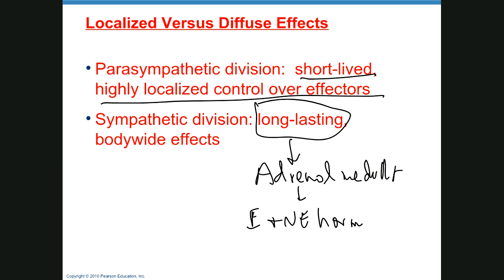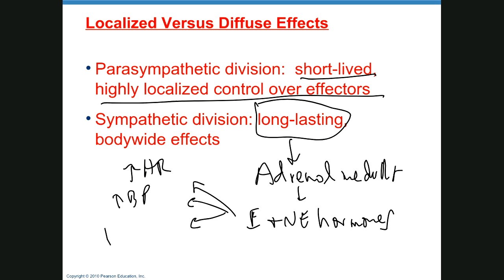And these are sympathetic hormones that are going to have exactly the same effect as the sympathetic nervous system. They're going to increase heart rate, increase blood pressure, increase respiratory rate, and inhibit digestion.